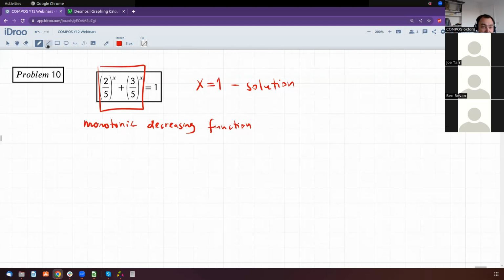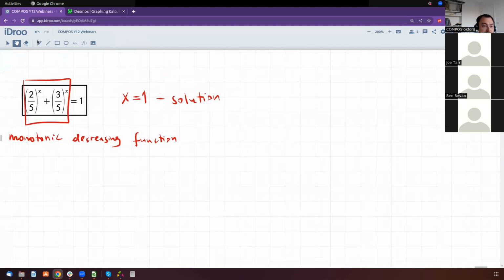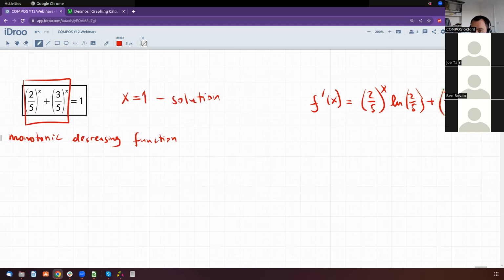We can prove this by differentiating, for example. Not the easiest thing to do, but why not? The derivative of f of x is equal to (2/5)^x ln 2/5 plus (3/5)^x ln 3/5.